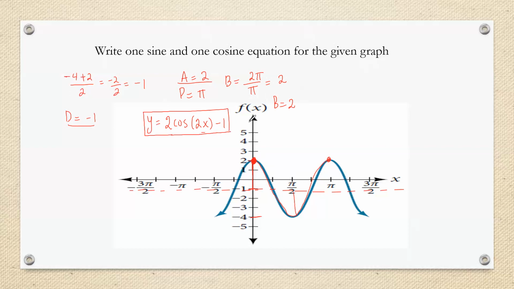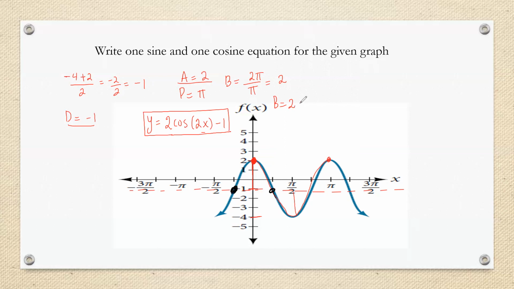For the sine, I do want to start from a midline, and I could choose a point where from that point it goes up. If I don't want to use a reflection, then I'll have to start here. If I don't care about the reflection, I could start here and show reflection. So it's really your personal choice.